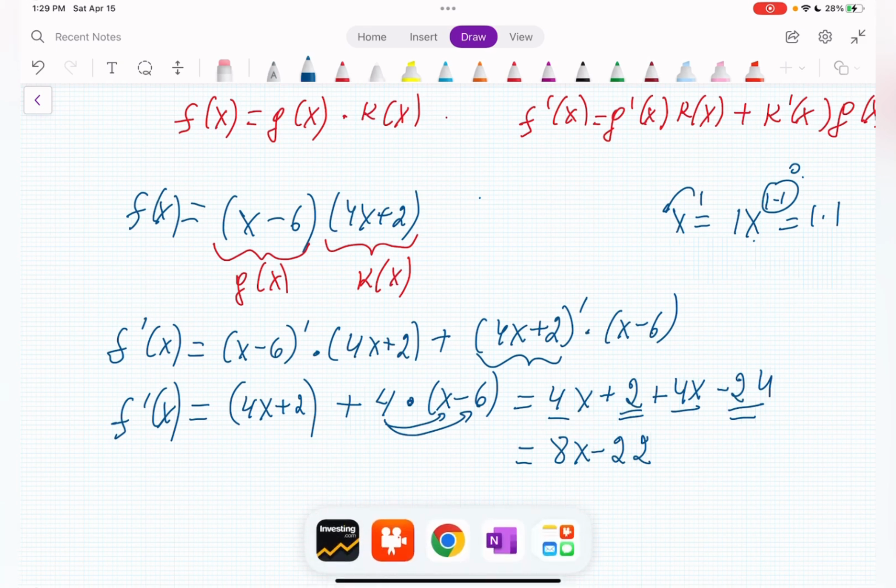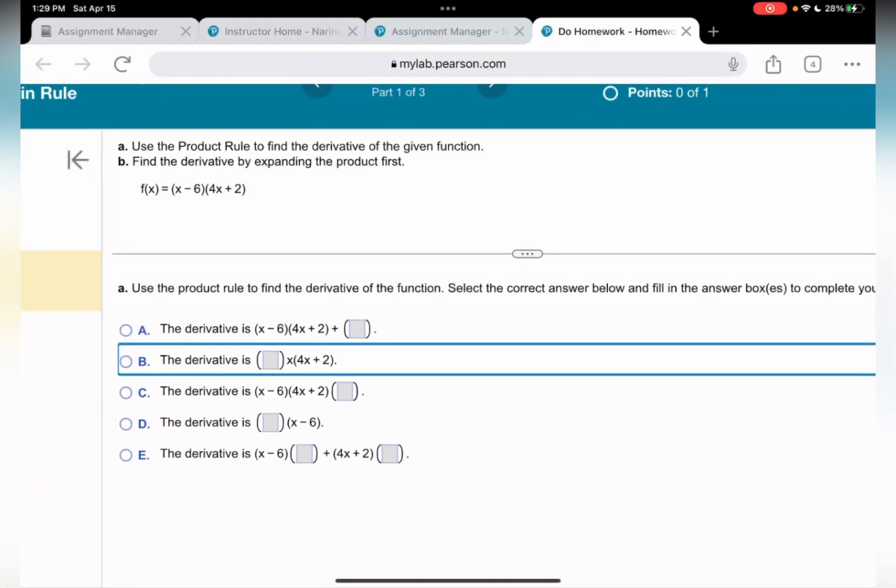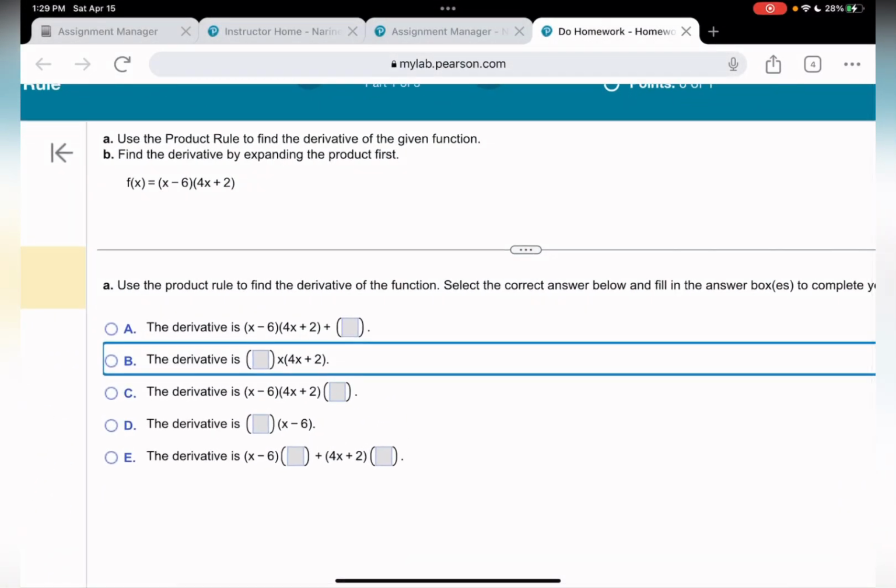Oh, we have to put every single step of the derivative. Might as well take a picture so I can quickly put this. Okay, got it. I don't like putting in these derivatives step by step. We already have it ready, so let's see which one it is going to be. 4x plus 2, x minus 6, no, not A. Let me see.